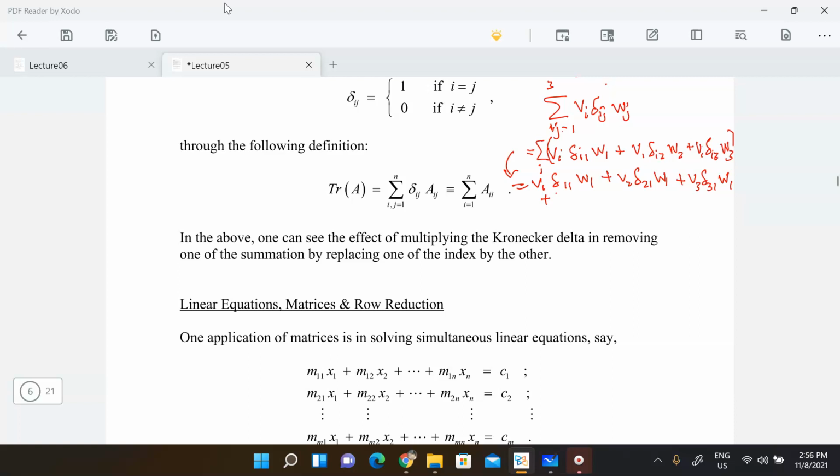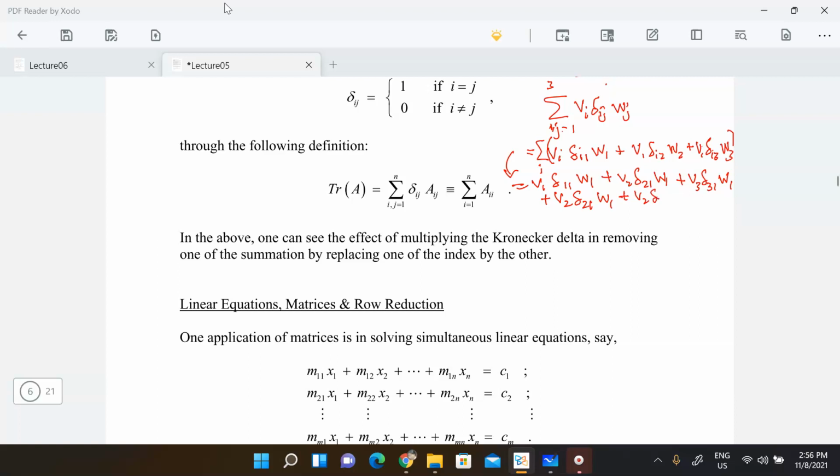Here I need i equals 2, so I have V2 delta 21 W1, and then proceed with V2.